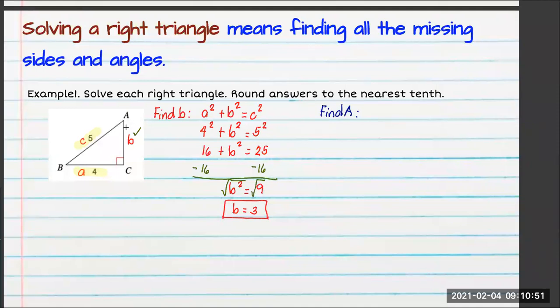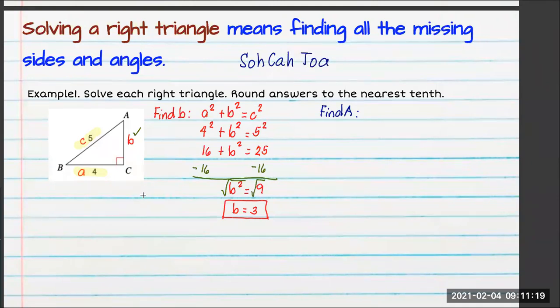So we might as well use that. So since we're finding A, in relation to A, the 4 is the opposite side, right? You are given the opposite side and you are given the hypotenuse of the right triangle. So if you have opposite and hypotenuse, which one would you be using?